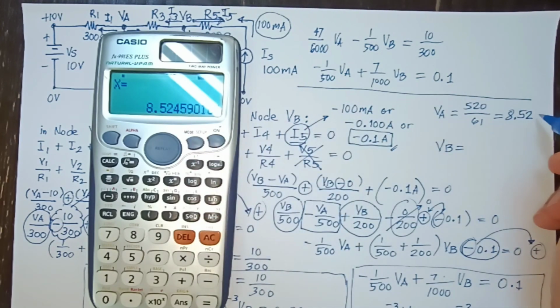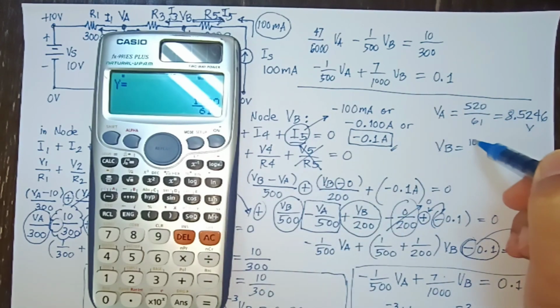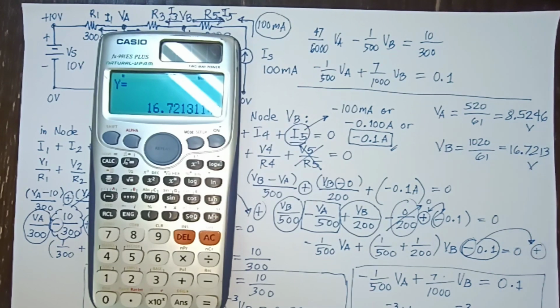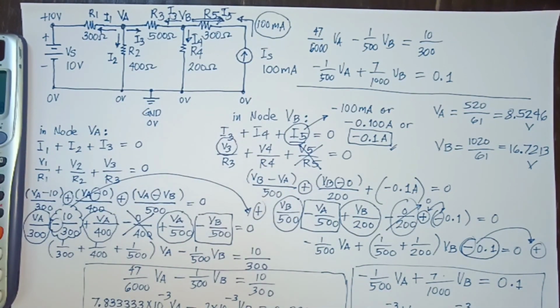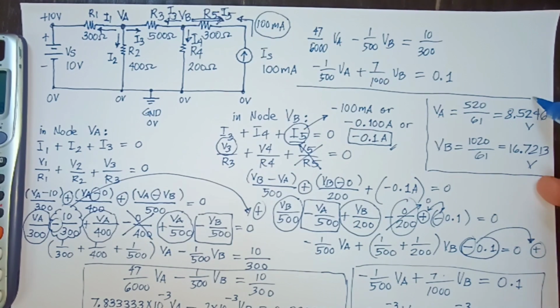We can round it to 8.5246 volts for VA, and for VB, just press equal sign and S-D and you will get the answer of 1020 over 61, which is 16.7213 volts. And there you go. We already got the VA value and the VB. So we now have the two node voltages using nodal analysis.